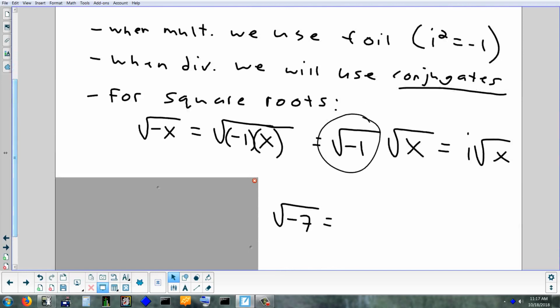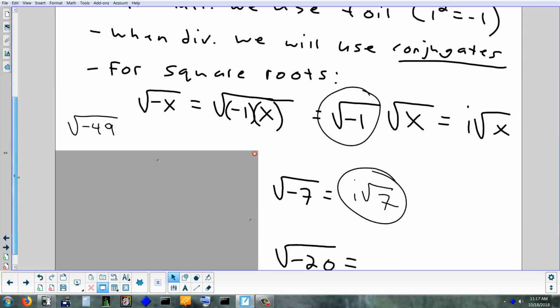Not quite. 7i would be the answer to this problem, the square root of -49. The answer would be 7i. But this, you can't really do much with the number under the root. Like 49 you can because it's a perfect square. 7's not. Yep, Sam? Would it be i, the square root of 7? Just i square root of 7. It's just like the problem up above, but x is a 7. So it's i square root of 7.